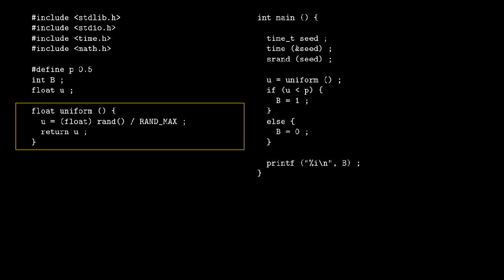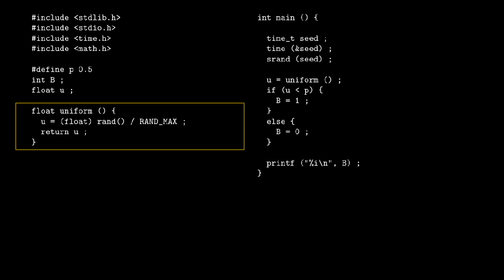So I'm going to spend time explaining what it is right now, but after you will know for all the other videos. First, I'm calling that uniform because that's taking a number uniformly at random in the interval 0, 1. You start by declaring that as a float because you want to make sure that your number is indeed a real number in the interval 0, 1 and not an integer.